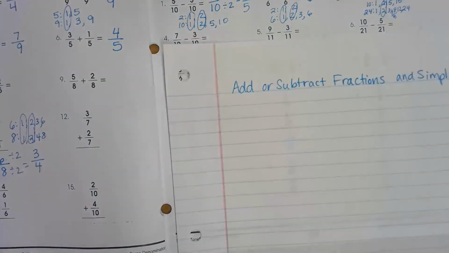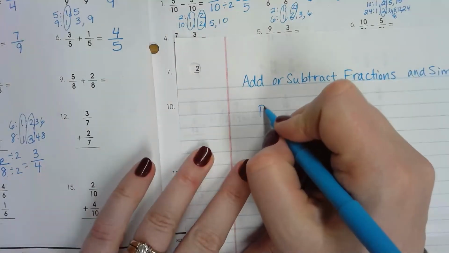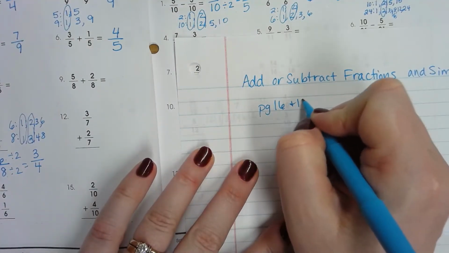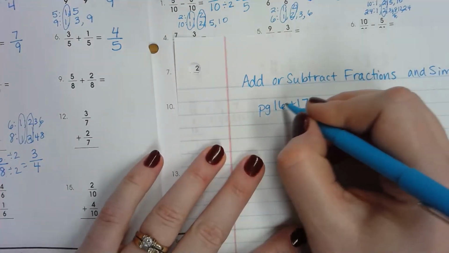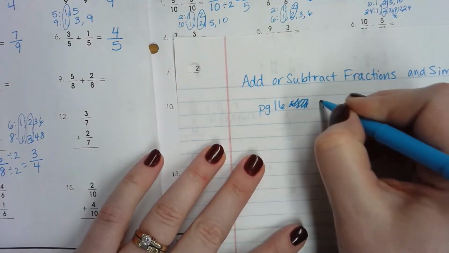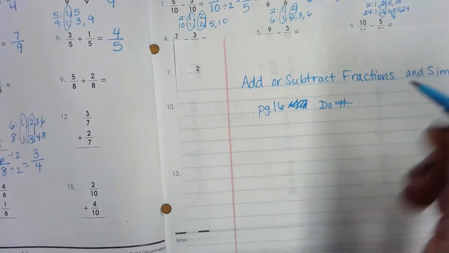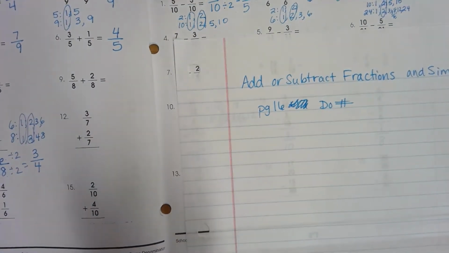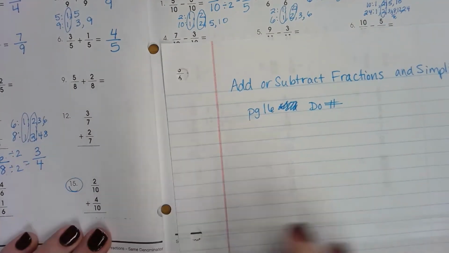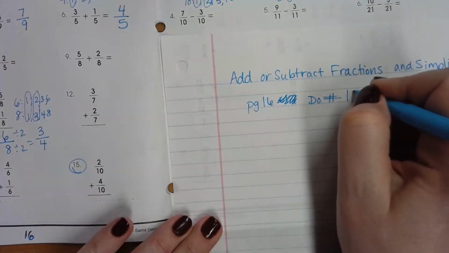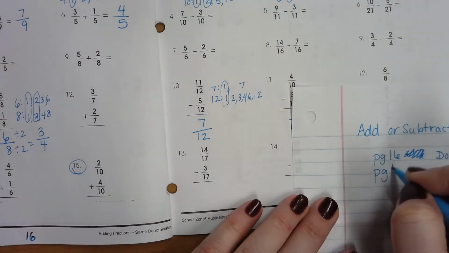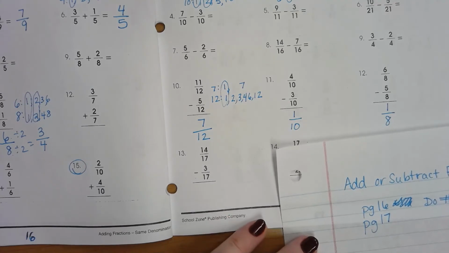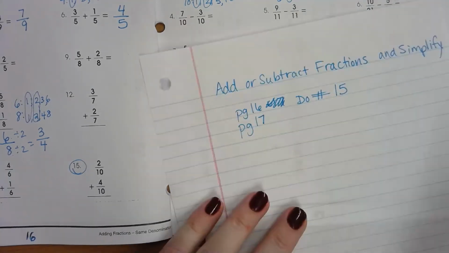So these are the ones I'm going to have you try. On page 16 and 17, I want you to do, I should have separated that. Page 16, do number, let's see here, number 15, okay. And on page 17, I want you to try number 7.